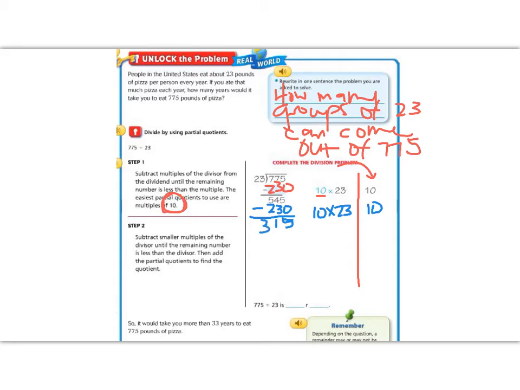Now, I still have a big number, 315. So I want to think, can another group of 230 come out? Can I take another group of 10? Well, it's larger than 230, so yes.